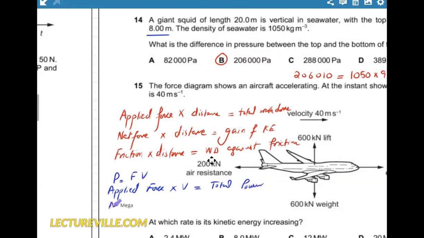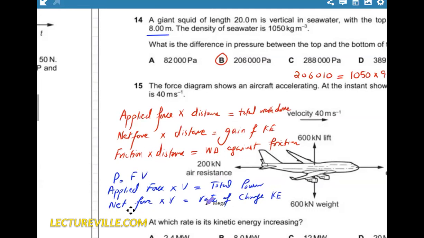If we do net force multiplied by speed, that is rate of change of kinetic energy. Remember, when we were multiplying net force with distance, we were getting gain of kinetic energy.